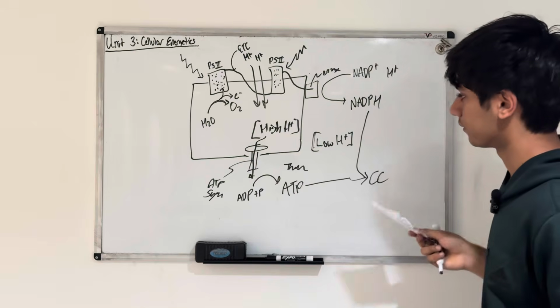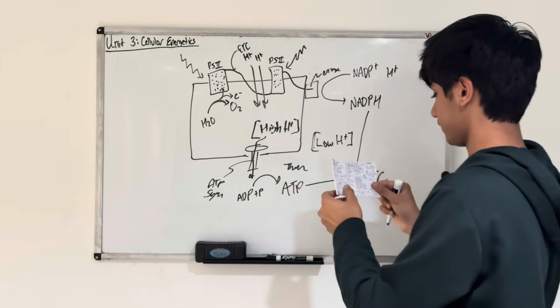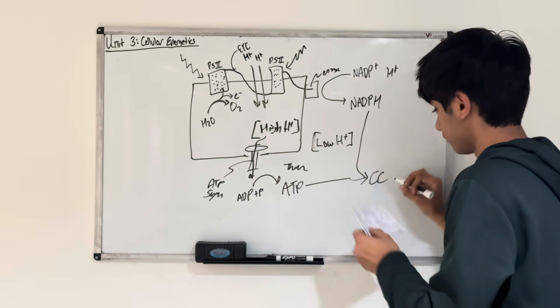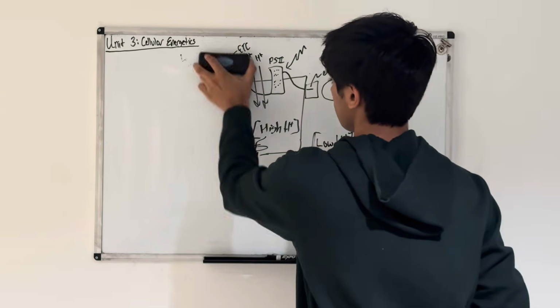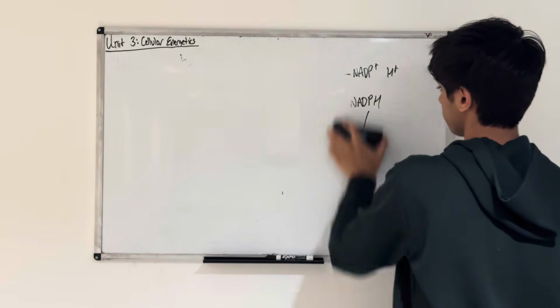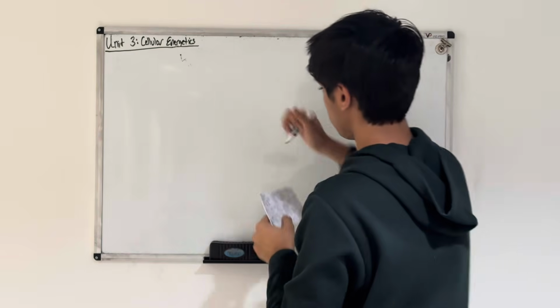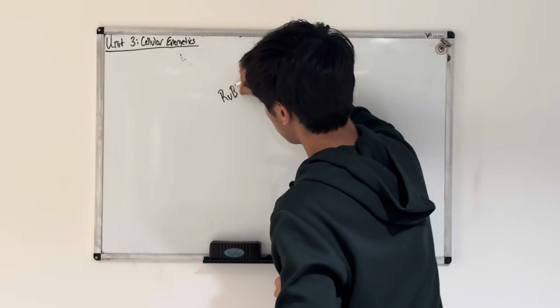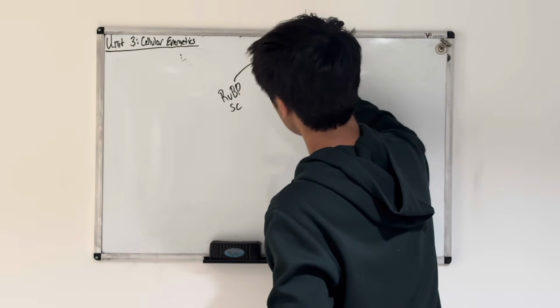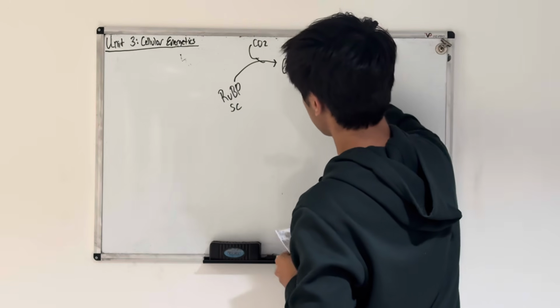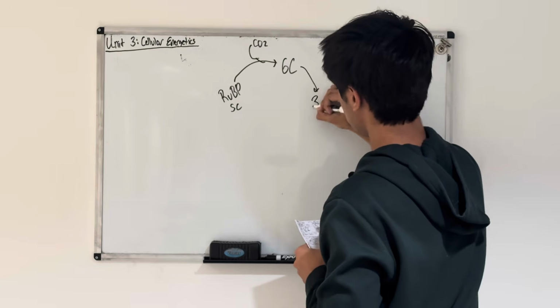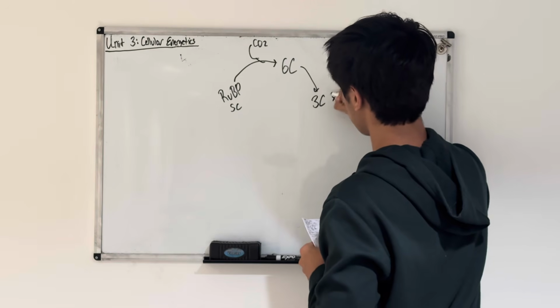In the Calvin cycle, you really don't need to focus a lot on specifics, but the idea is we start with a 5-carbon molecule called RuBP. We then get our CO2, which makes it a 6-carbon molecule. We split it into two 3-carbon molecules.